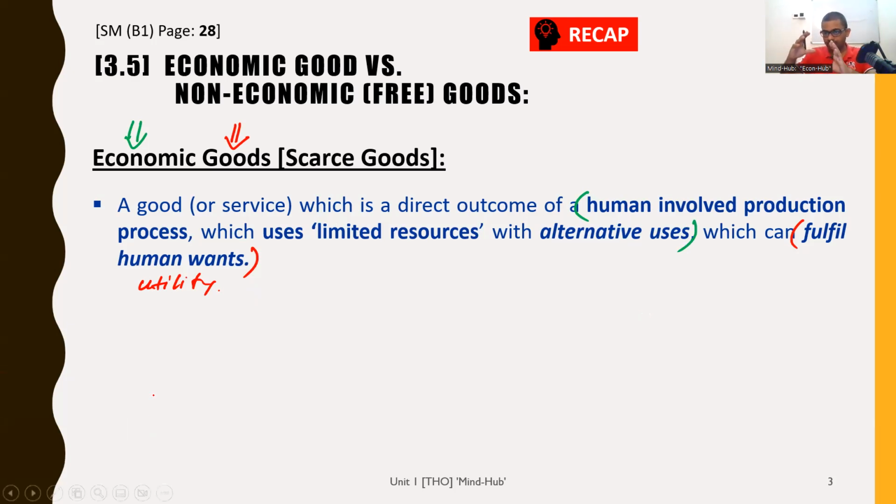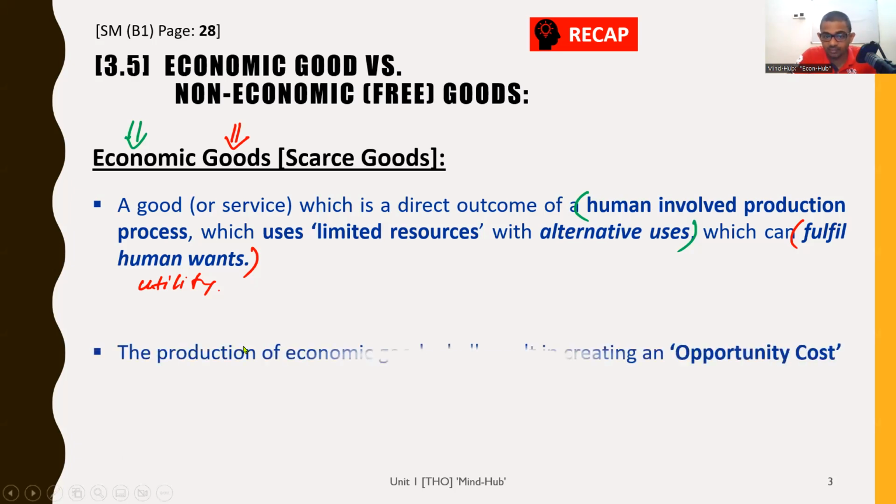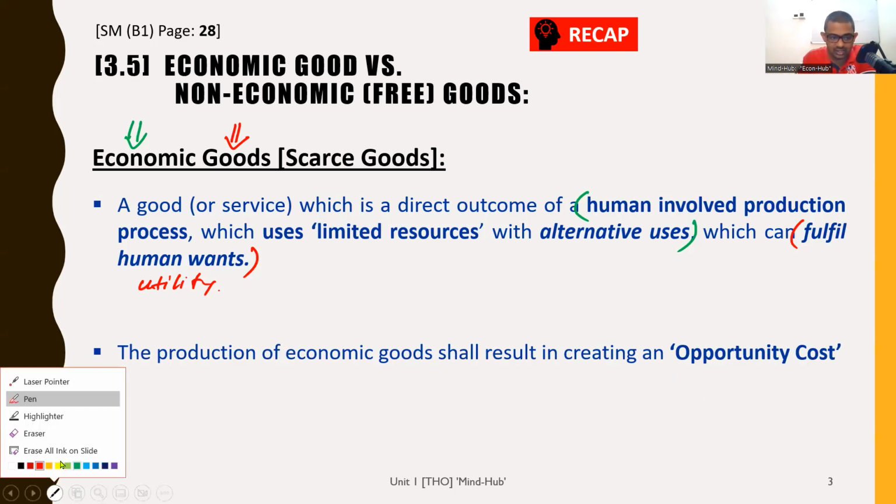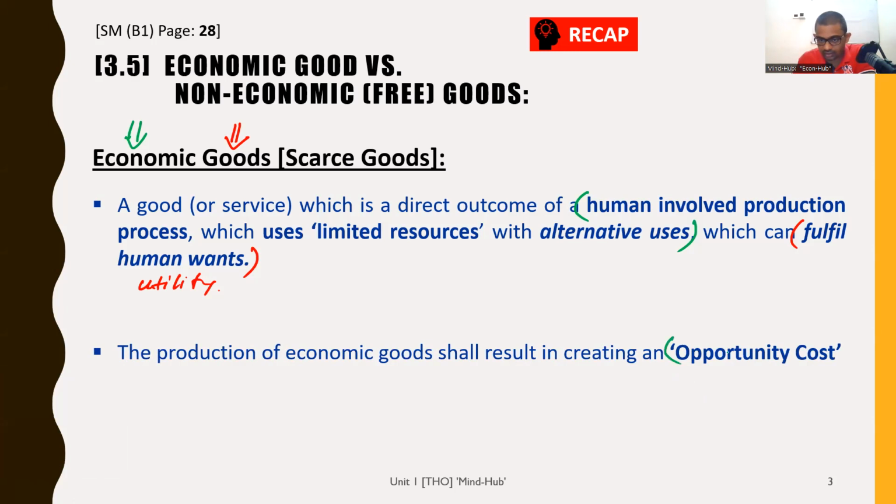So because of what we said within the green color brackets, that is human-involved production process using scarce resources with alternative uses, automatically we have this next thing that we have to say, that is the production of economic goods shall obviously result in the creation of opportunity cost.